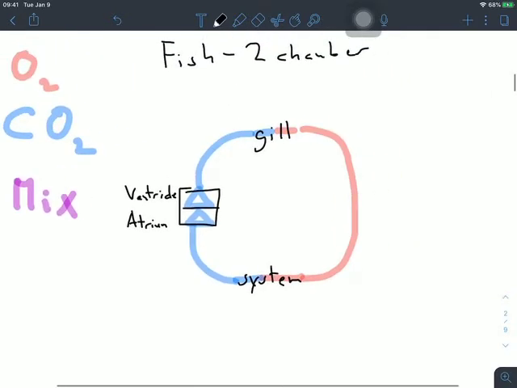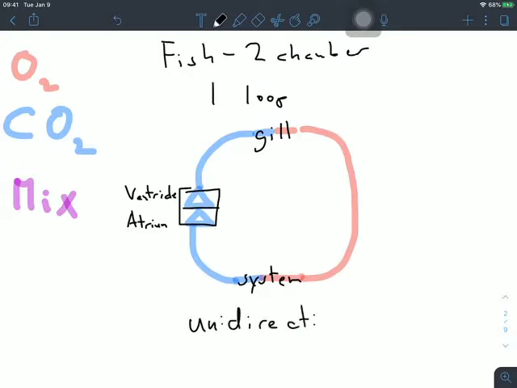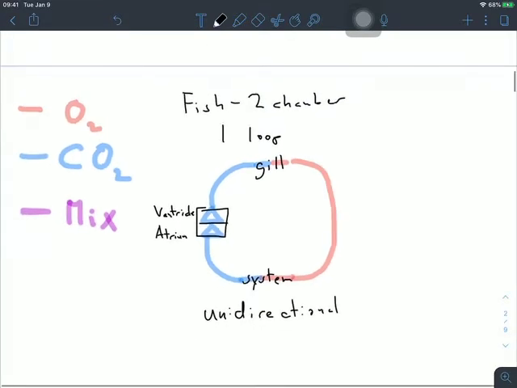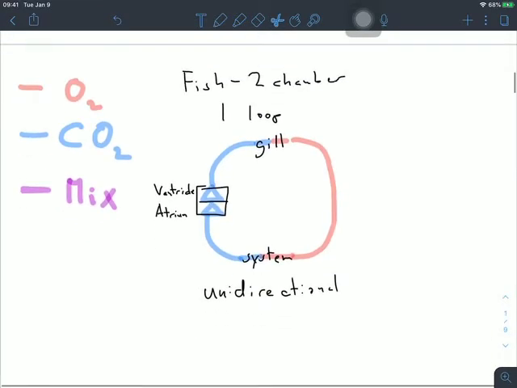This fish two-chambered heart has a one-loop circulatory system that's defined by being unidirectional. It just goes in one consistent pattern.